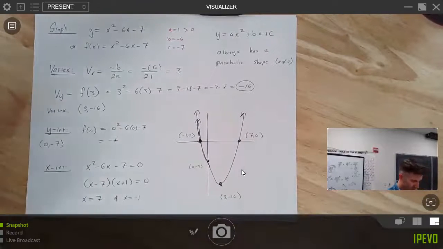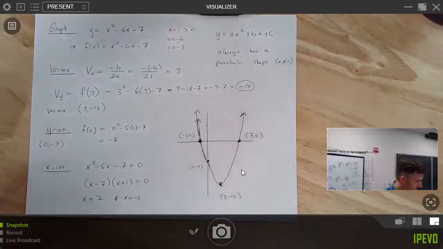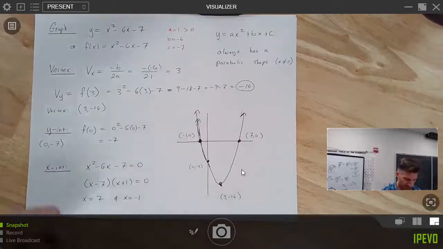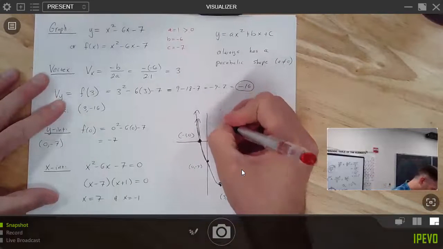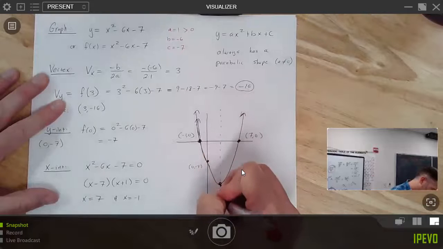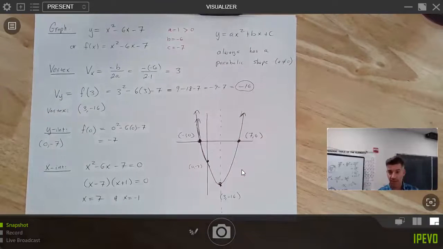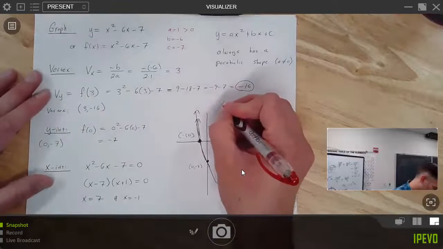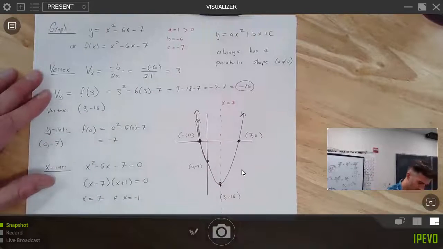A couple things to be aware of here. The line that cuts this parabola in half, called the axis of symmetry, is x equal to 3.